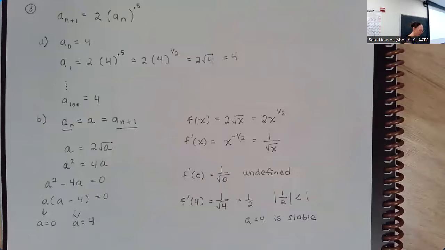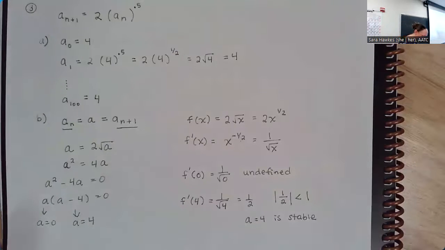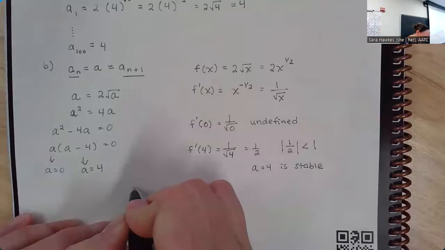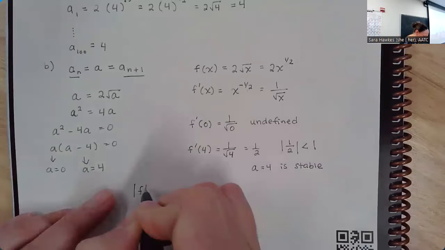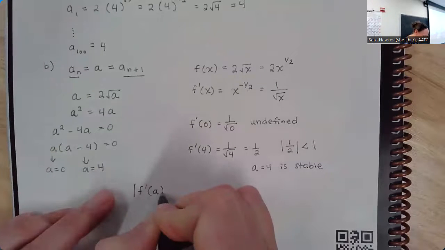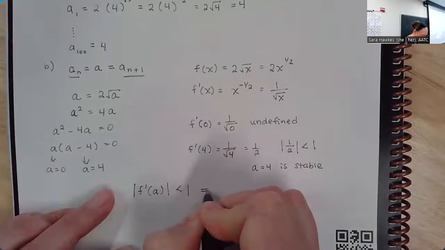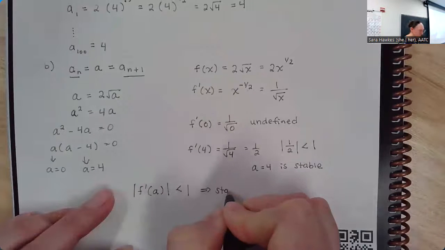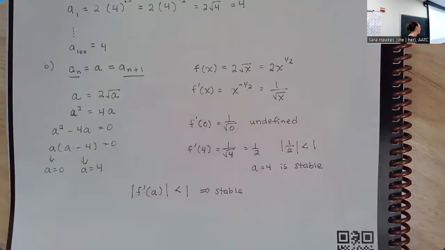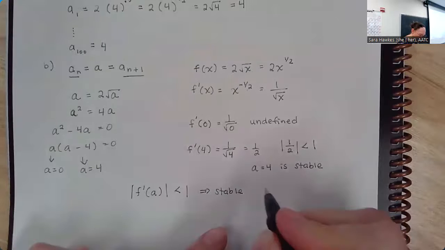So the stability criterion, are you in Chalonor's class? Yeah. So the stability criterion says that we need the slope at the fixed point to be less than 1 in order to be stable. So I know it's a stable equilibrium.